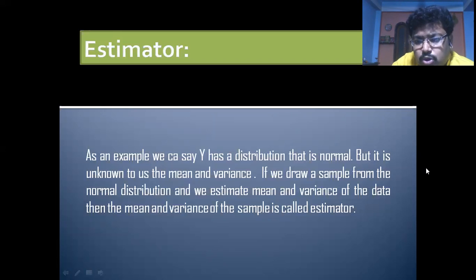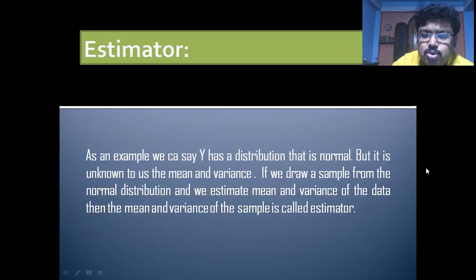The total population's mean and variance are very difficult to find out, so in this aspect we consider them as unknown. And for the sample of 500 individuals that you have taken, you can estimate the mean and variance. So the sample mean and variance are the estimators.